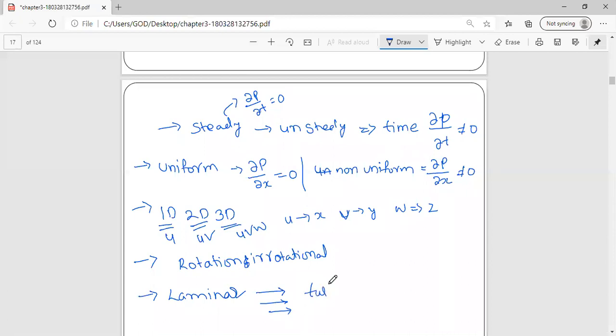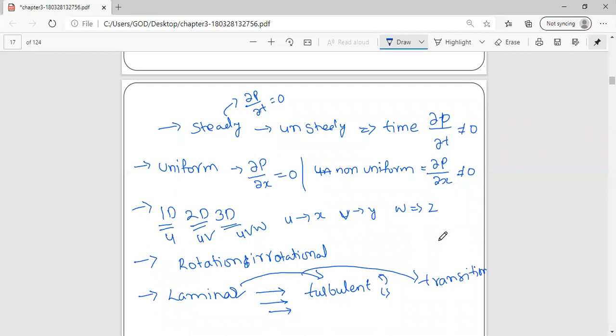And turbulent is simply a zigzag flow. The phase which is coming from laminar to turbulent is called transition flow.